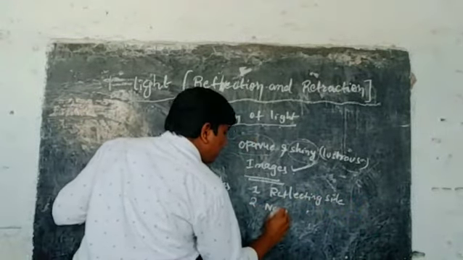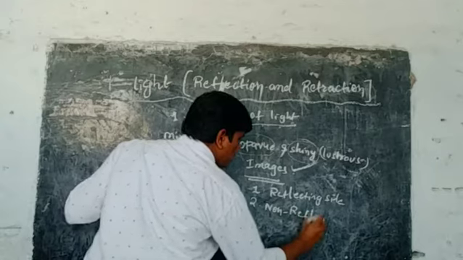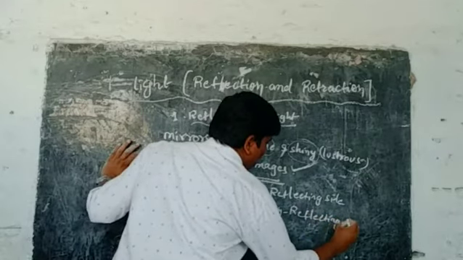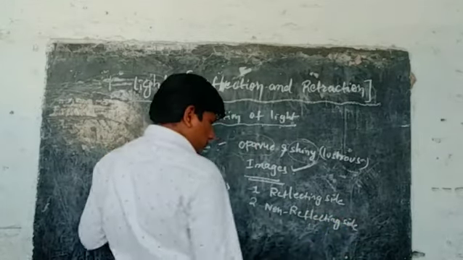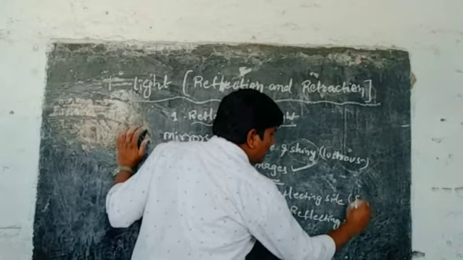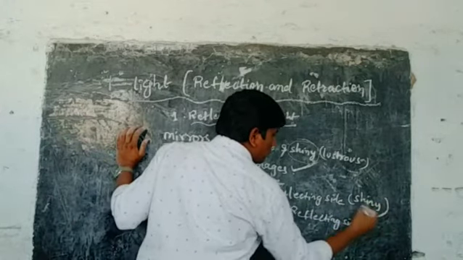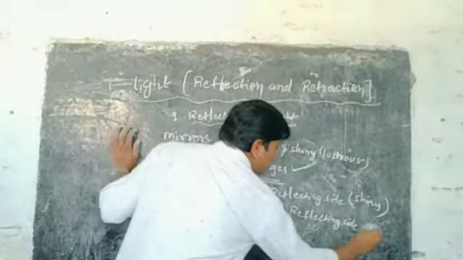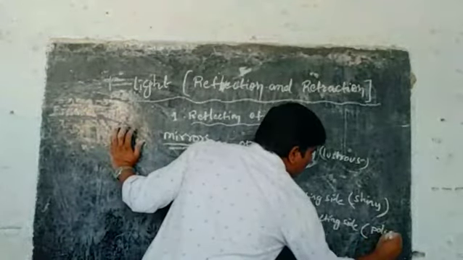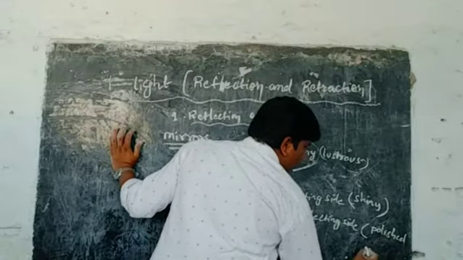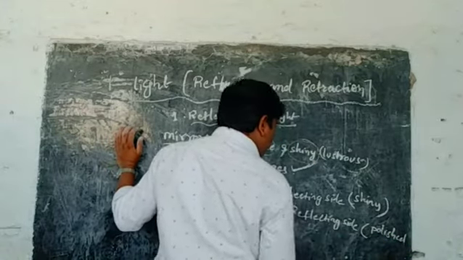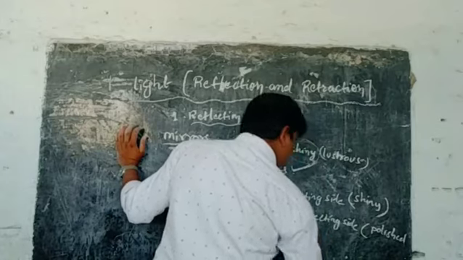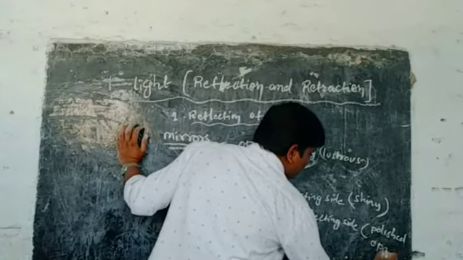The second side is a non-reflecting side. This is the shiny side, that is the front side of the mirror. The non-reflecting side is a polished side, maybe with silver. This side is opaque.